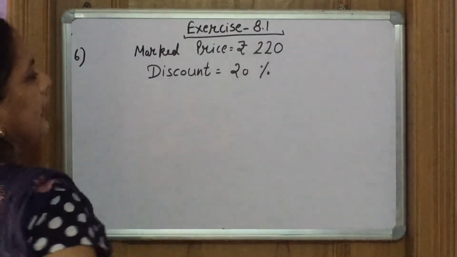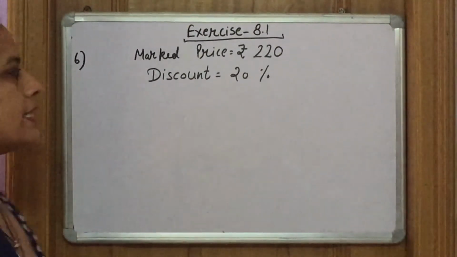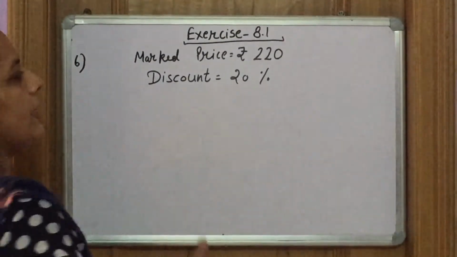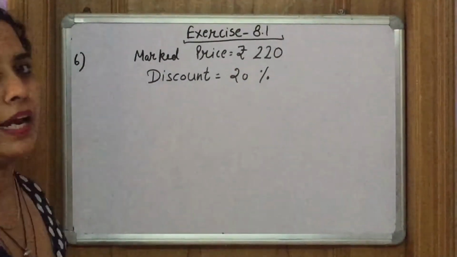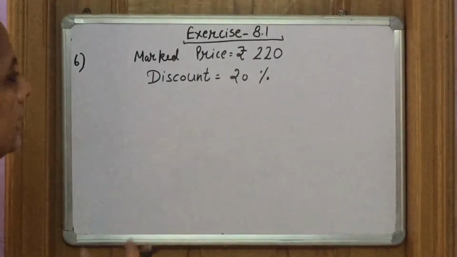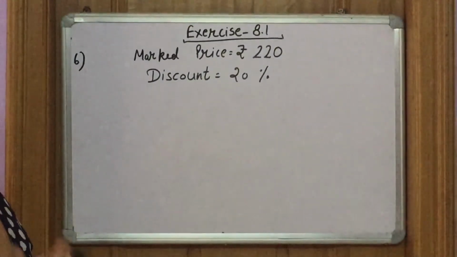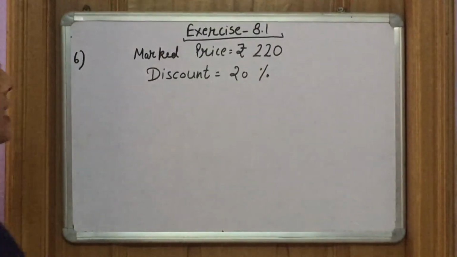Discount is given 20%. In word problems, we just keep one thing in our mind: if you are given any term in the statement and you know its formula, then you have to write the formula in the question and after that put the values which are given in the statement.